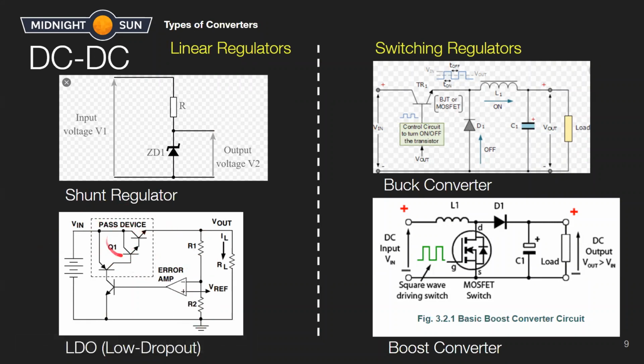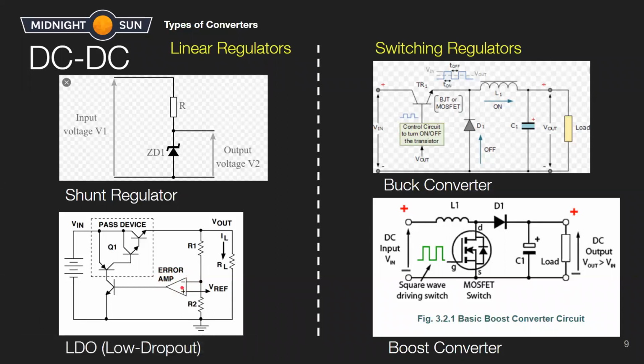Let's just imagine the pass device. In a circuits course, you've probably heard of a voltage controlled current source, so let's imagine it as one of those. It controls current, but it controls the current by a reference of voltage. The way that these work is you have your input voltage on this side, and you have an error amplifier here.